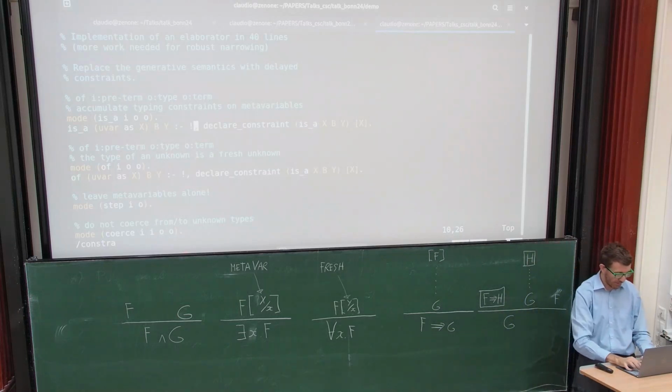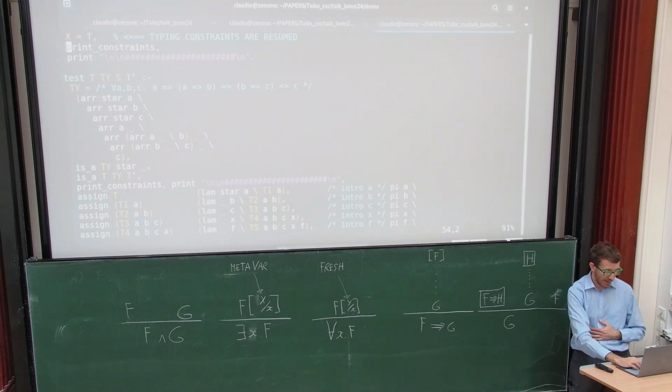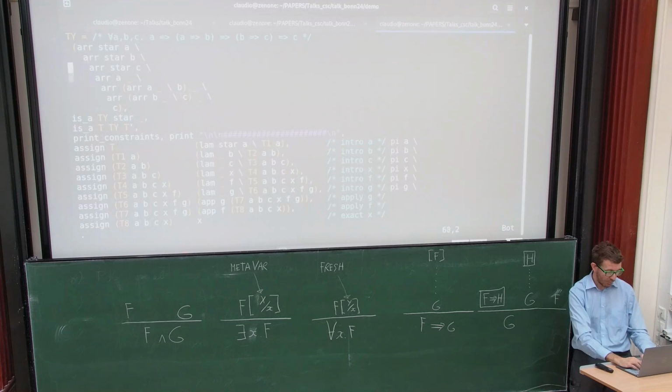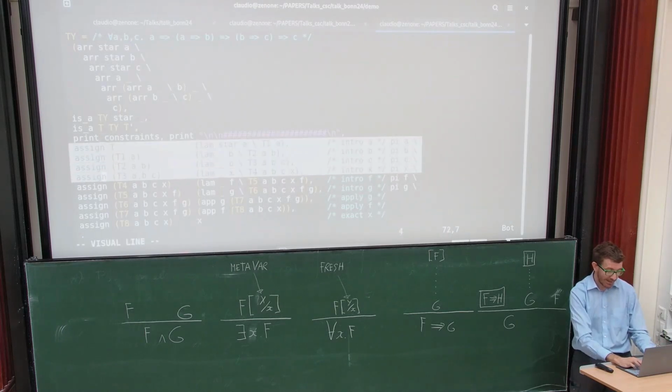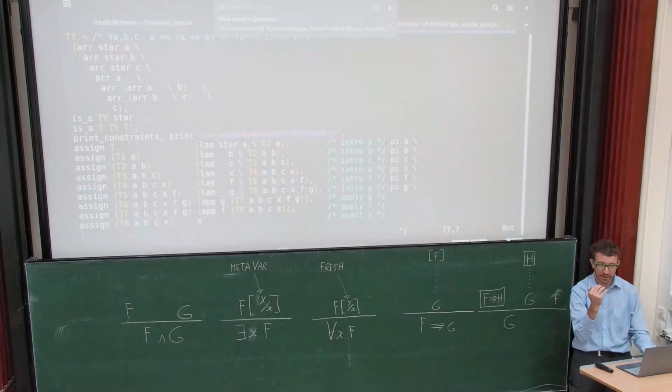Okay, so with this I can write, for example, this test where I put the existential. So I have a type basically, and I'm asking to check if some term which is completely unspecified has this type. So it becomes a constraint, and I can use lines corresponding to tactics to advance in the proof.